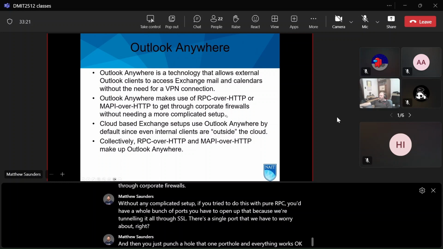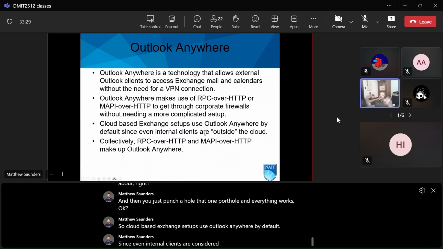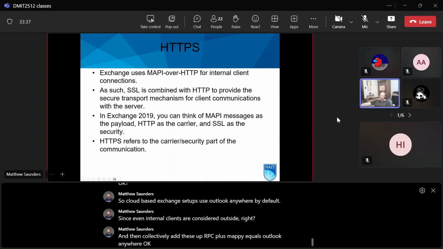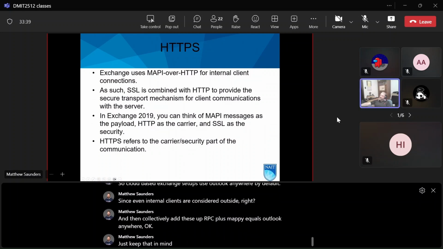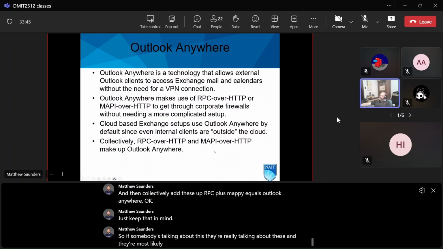Cloud-based Exchange setups use Outlook Anywhere by default, since even internal clients are considered outside. Collectively, RPC plus MAPI equals Outlook Anywhere. So if somebody's talking about this, they're really talking about these, and most likely about MAPI over HTTP.